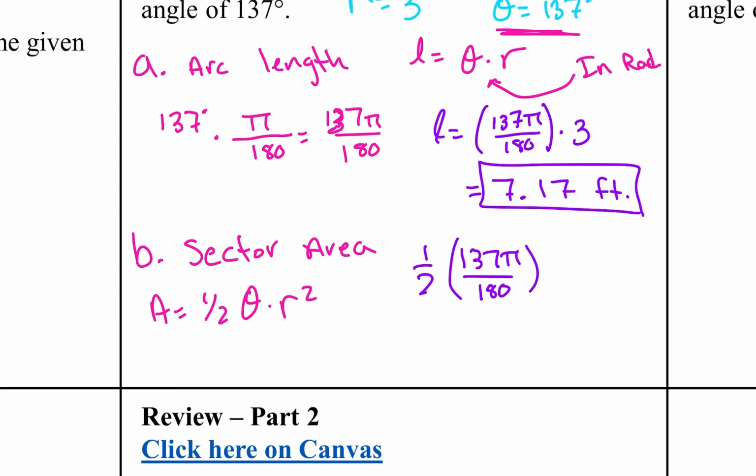And we're going to multiply that by 1/2. And we're also going to multiply it by the radius squared, which is 3 squared. So we got 137 times pi divided by 180 for the middle part. And I get 2.39. And then I'm going to multiply that by 1/2 and multiply it by 3 squared, which is 9. And I get 10.759. So 10.76 is what we'll put.